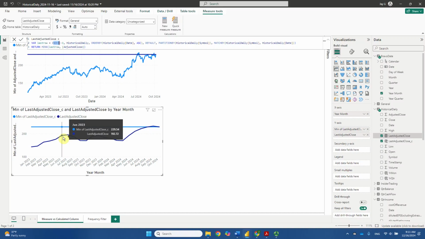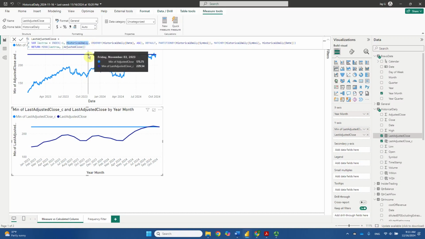Okay, so this process will keep moving. When we have a view, we have different data points, we have different dates. For each date, for each month in this case, this particular month is going to work as a filter context. It's going to filter the original data before it's processed by the visual. In this visual, the original data is this historical daily data.